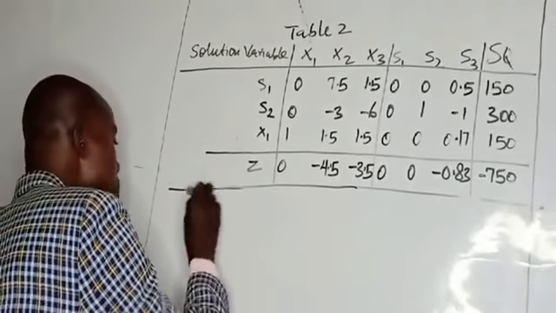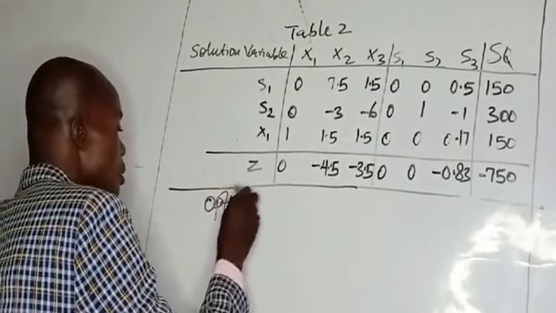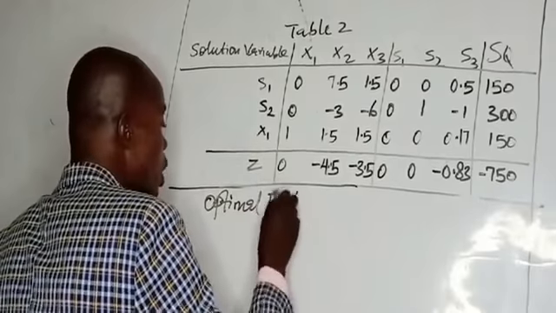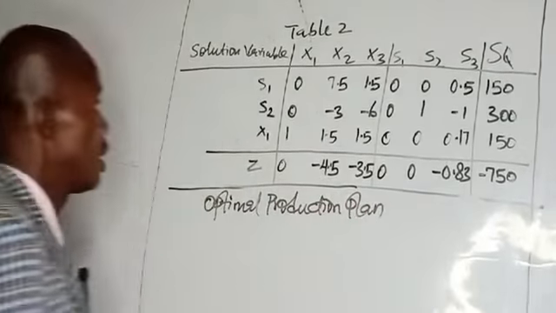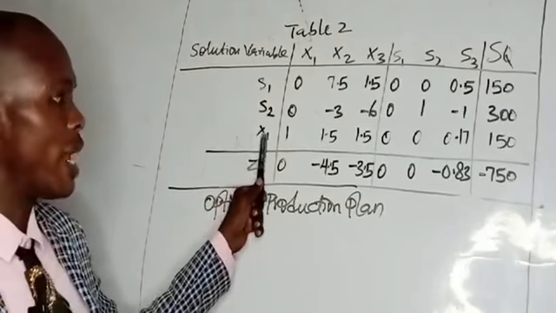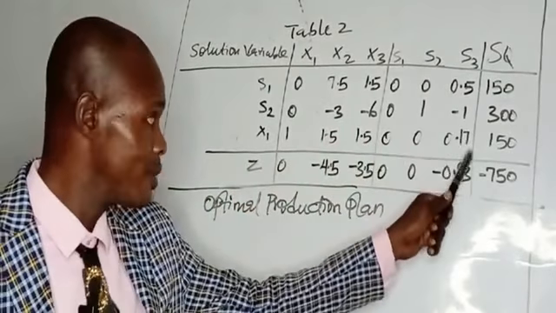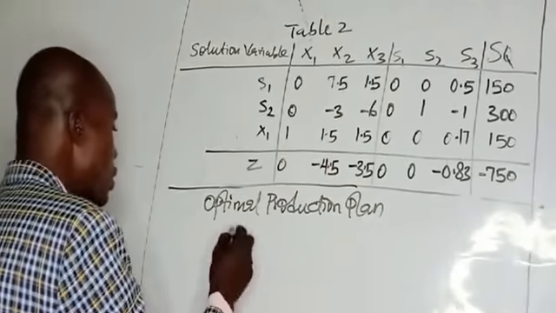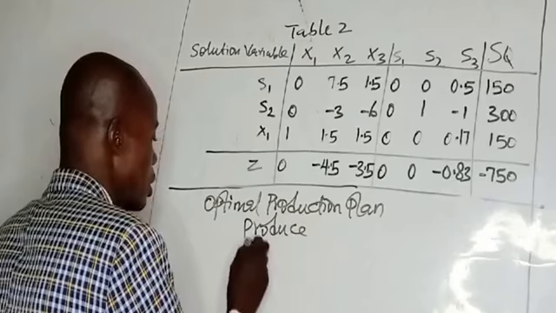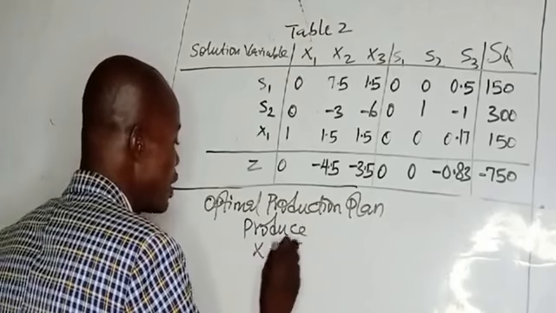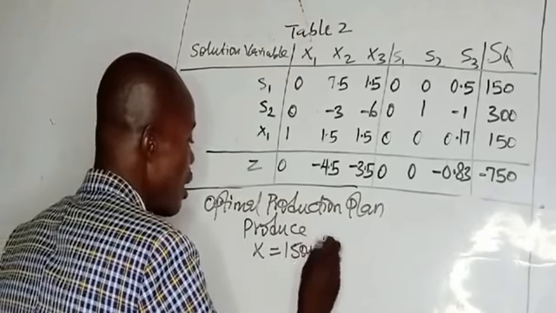The optimal production plan. The value of x1 is 150. That is to produce 150 units of x1.